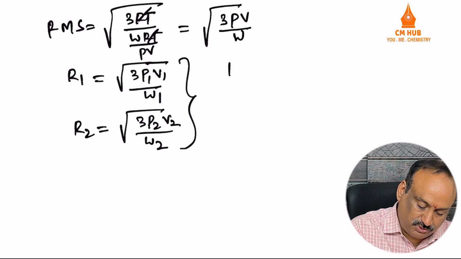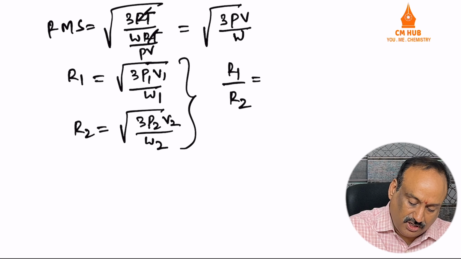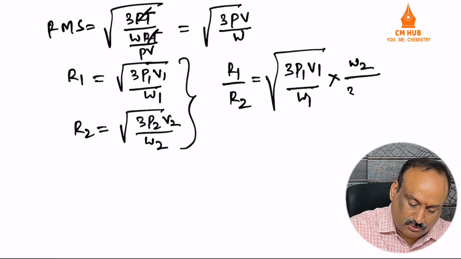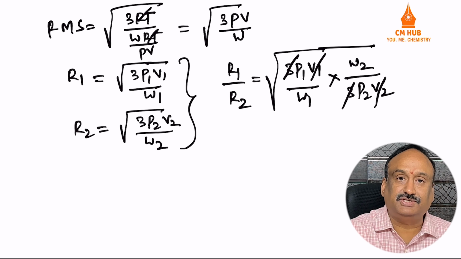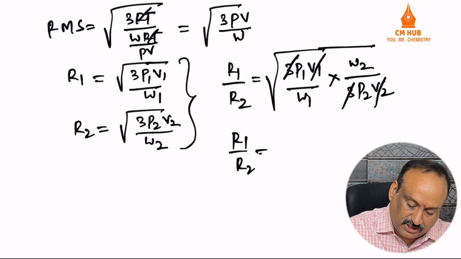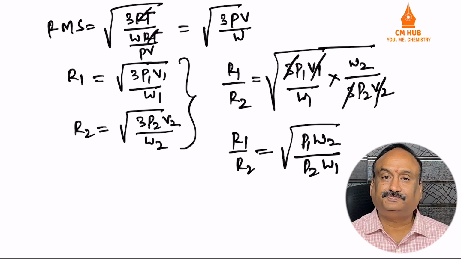So now using these two equations, because he is asking us to find the ratio of RMS velocities, R1 by R2 is equal to under root 3P1V1 by W1 into W2 by 3P2V2. 3 cancels. V1, V2 gets cancelled because it's a closed vessel, volume remains the same. So you get R1 by R2 is equal to under root P1W2 by P2W1.